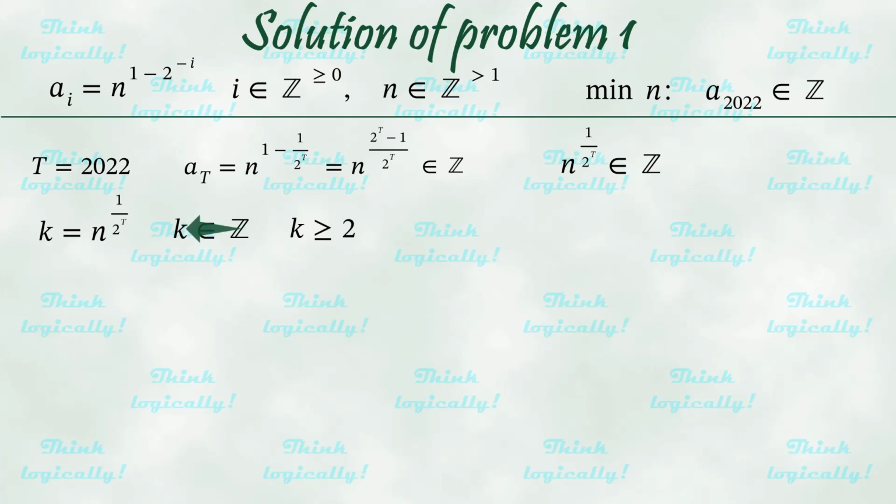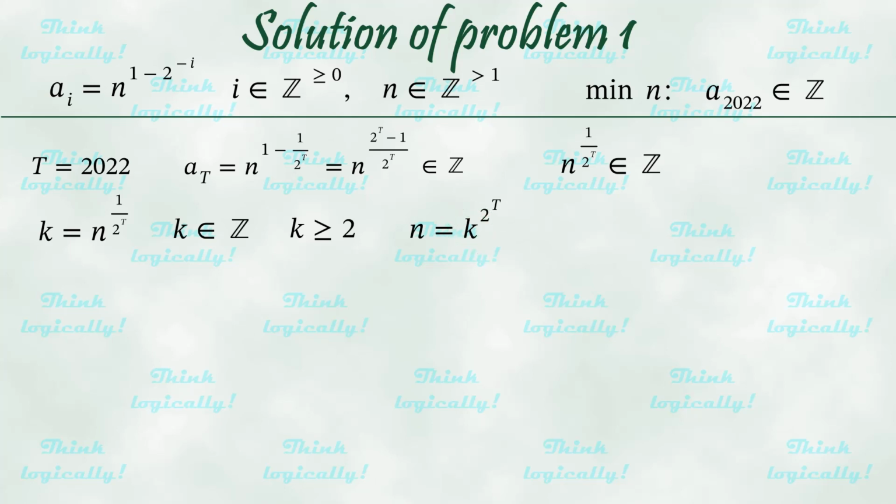Using the definition of k, we can express n in terms of k. For someone who may be unaware, if a power tower contains 3 or more levels, the topmost exponentiation is implemented first. In this case, we first raise 2 to the power of t. The result is used as the power of k.